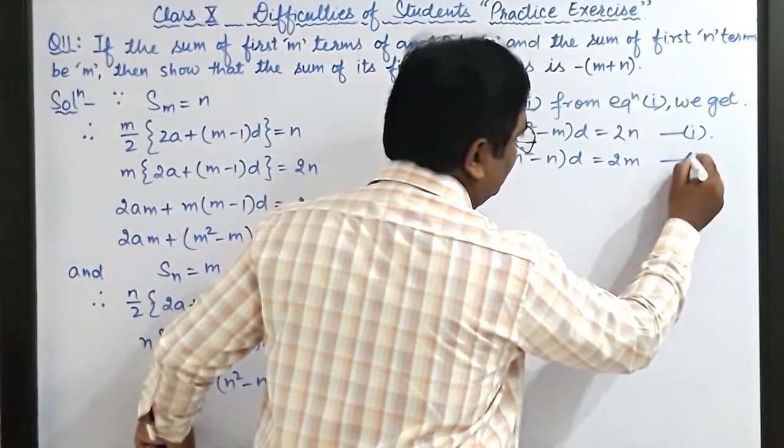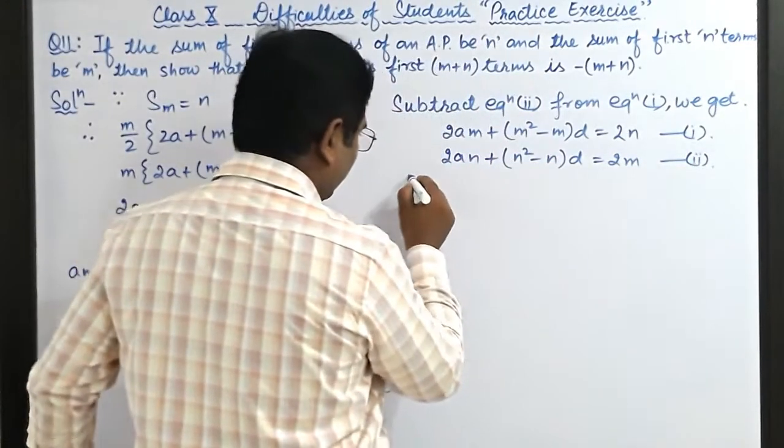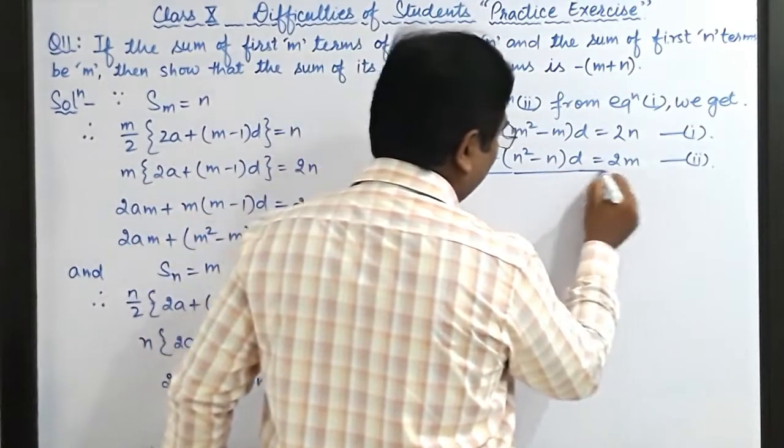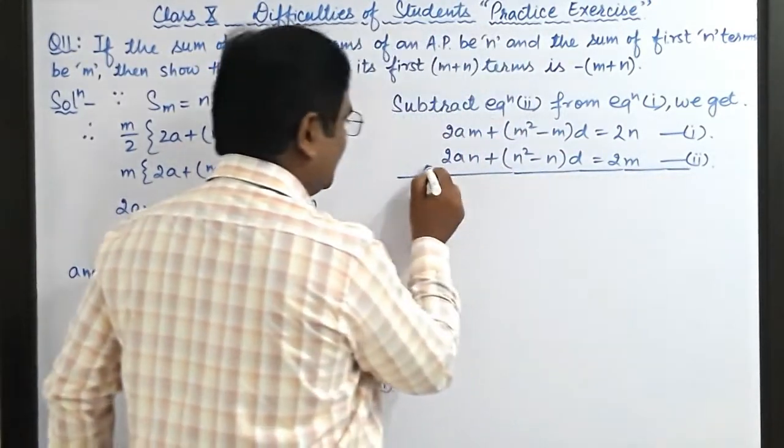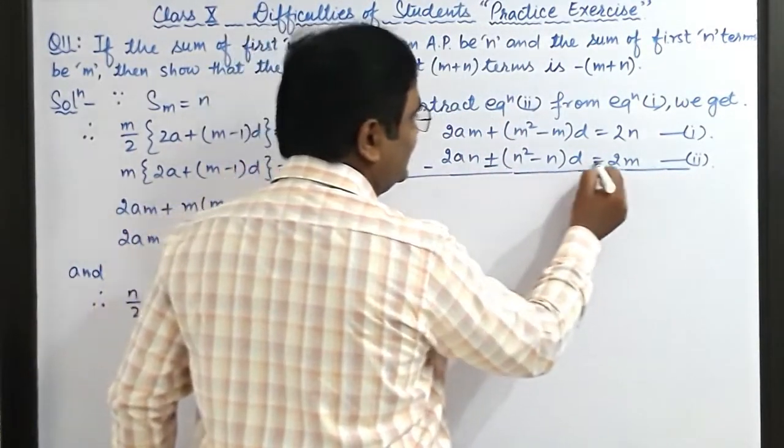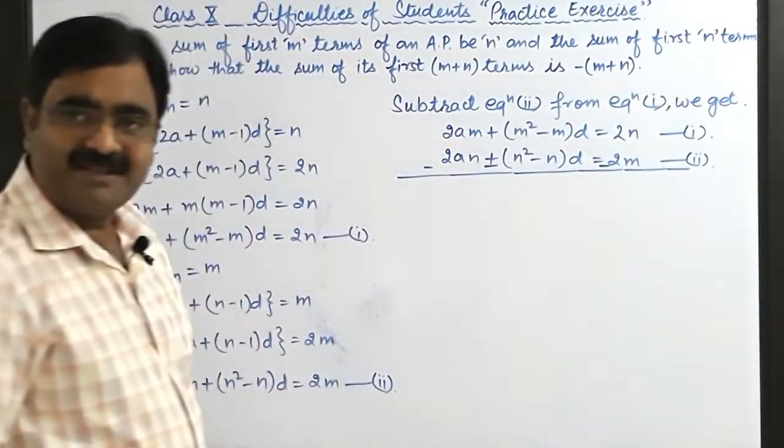इक्वेशन नंबर सेकेंड. तो क्या करते हैं हम? सब्ट्रैक्ट करते हैं, और सब्ट्रैक्शन के केस में साइन चेंज होता है. ठीक है?